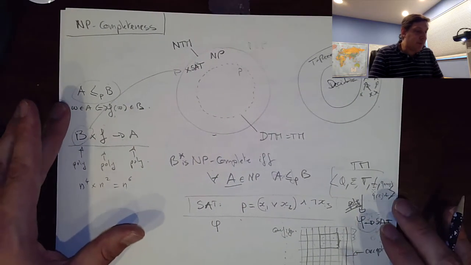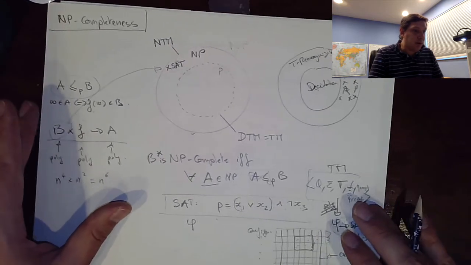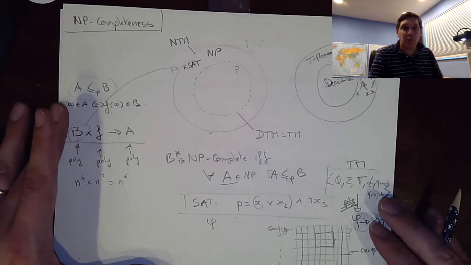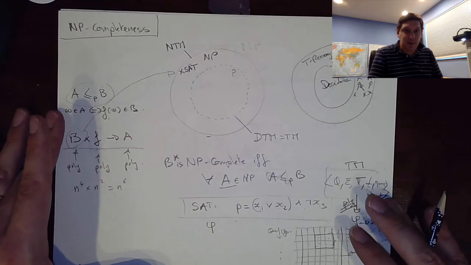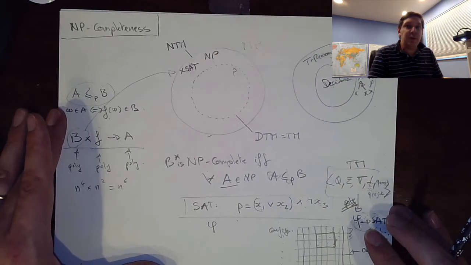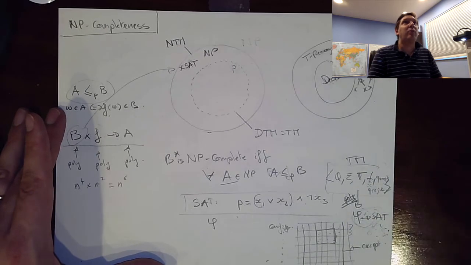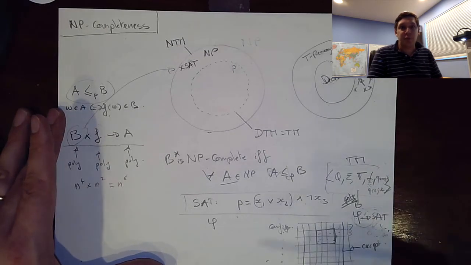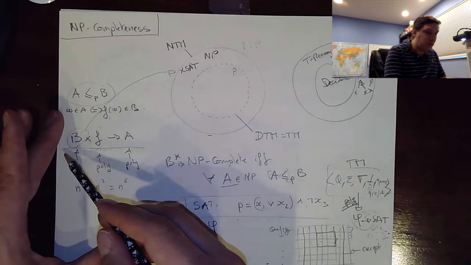What are the problems I know to be polynomial reducible to SAT? Or, what are the problems such that if I solve them, I have also solved the SAT problem? So the other way around, right?